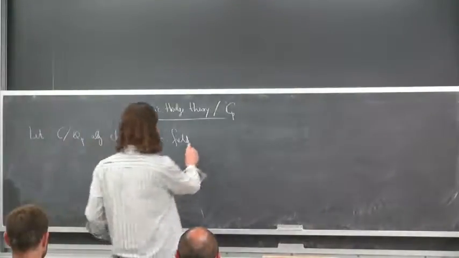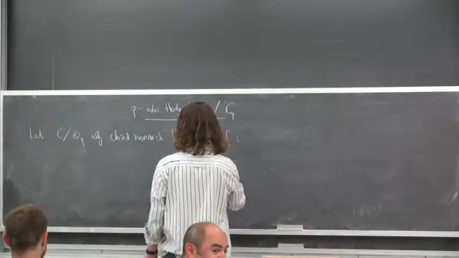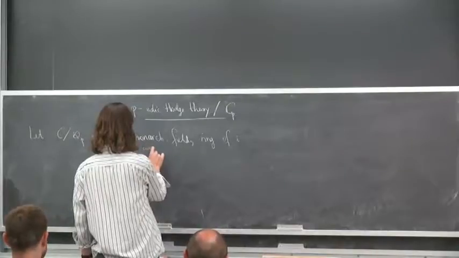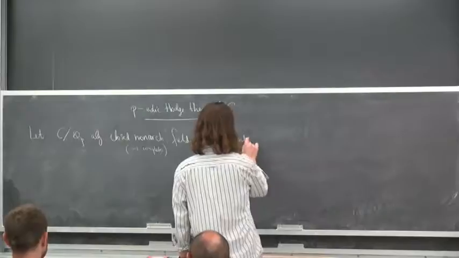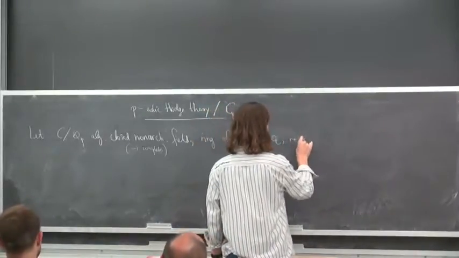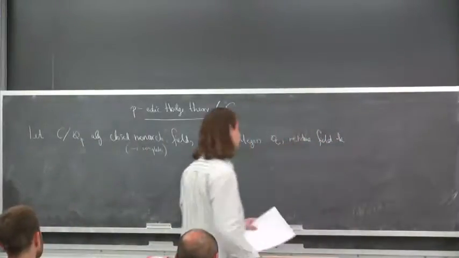Some other notation: it has a ring of integers. Non-Archimedean somehow implies complete for me. Ring of integers O_C and residue field.